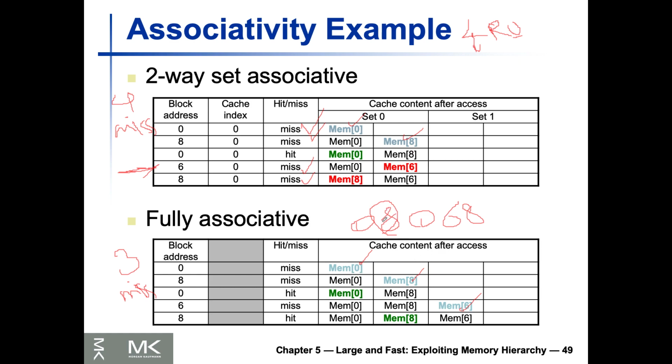And since block 8 was least recently used, that was the policy we used, we overwrite block 8 with block 6 here. We're going to have more examples on that, so you're going to understand the reason behind this. Okay.